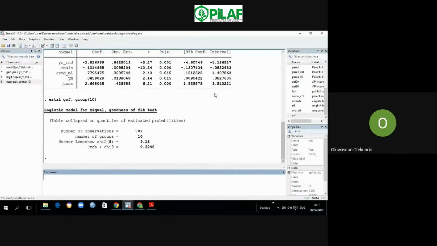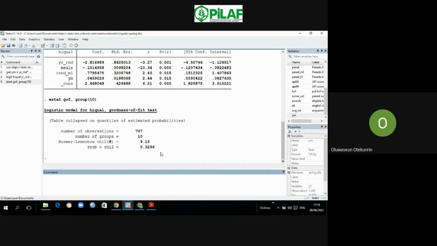So if we use that first one, you see estat gof, group 10 as our command. And then you see the second to the last line, Hosmer-Lemeshow chi-square 8 is equal to 9.15. Then probability greater than chi-square is 0.3296, which is large if you compare it to 0.05 or whatever you are using as your alpha.